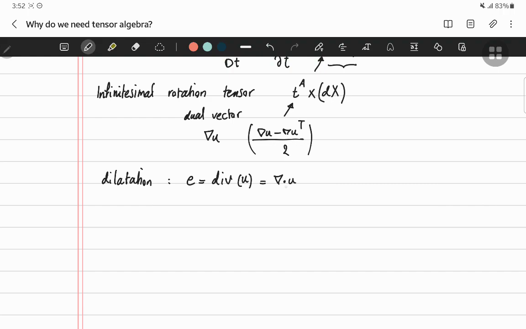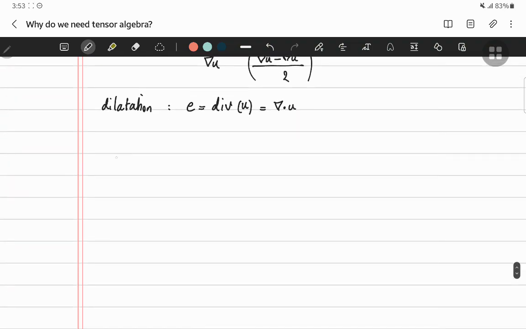So if you have u, you will be able to calculate the divergence using the tensorial operation that you've learned in previous videos and in this module. We also have the conservation laws, or the principal laws here.